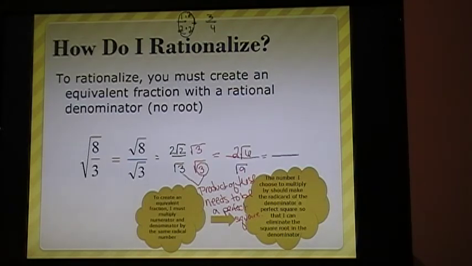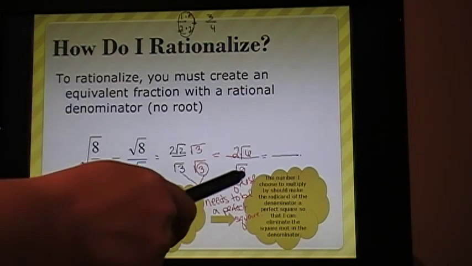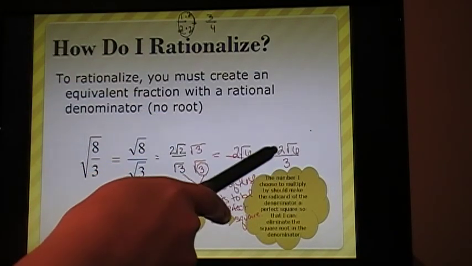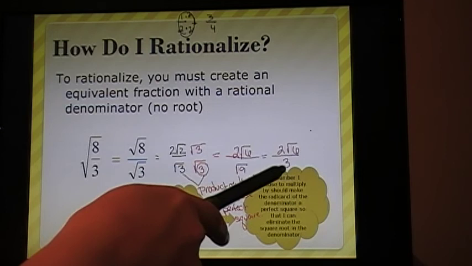Always keep in mind that all of my radicals are simplified, the fraction is simplified, and no root in the bottom. The square root of 9 is 3. 6 is not divisible by a perfect square, so I can't simplify that at all. And 2/3 does not reduce.